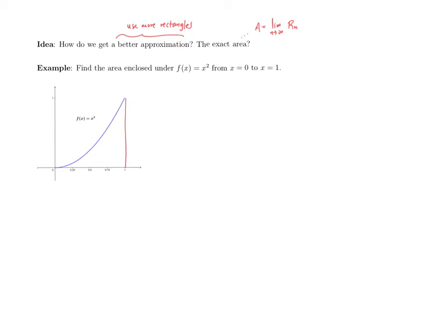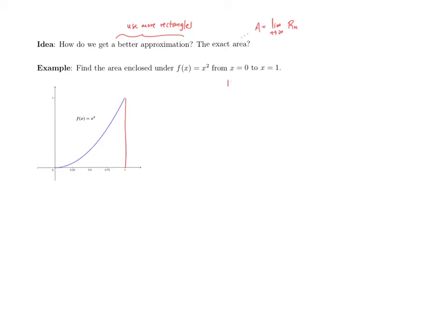Before jumping into discussing how this is going to work in general, I always find it best whenever possible to look at a nice concrete example. So we're going to go back to this familiar example from our previous video, the function x squared from 0 to 1, and we are going to determine the exact area enclosed underneath the curve.